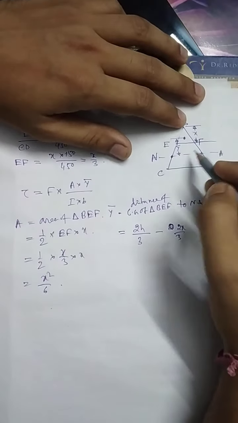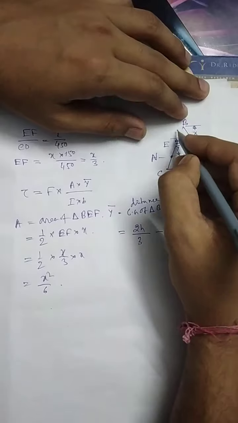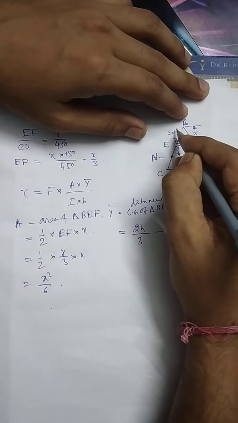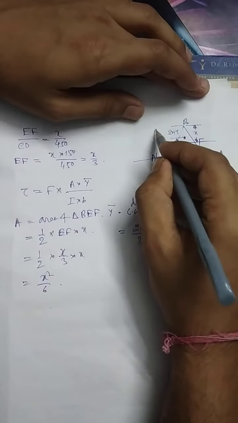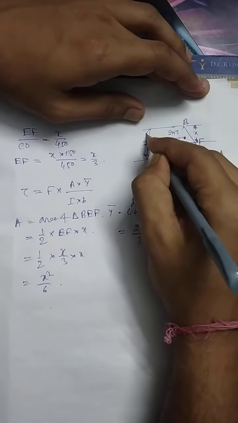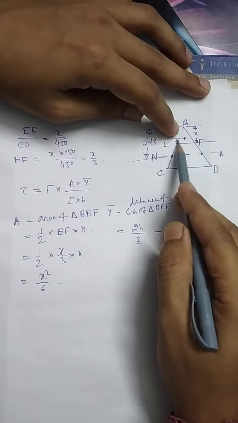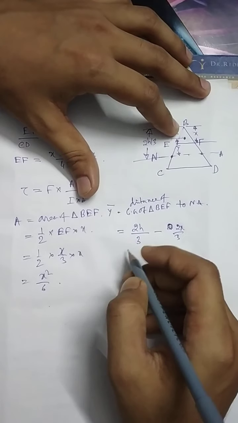This is 2h by 3 and this is 2x by 3, so the distance between them is y bar. So y bar equals 2h by 3 minus 2x by 3.